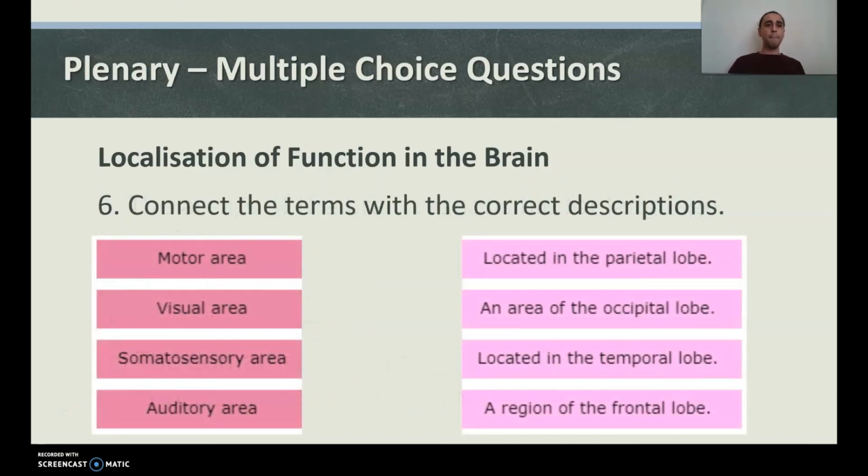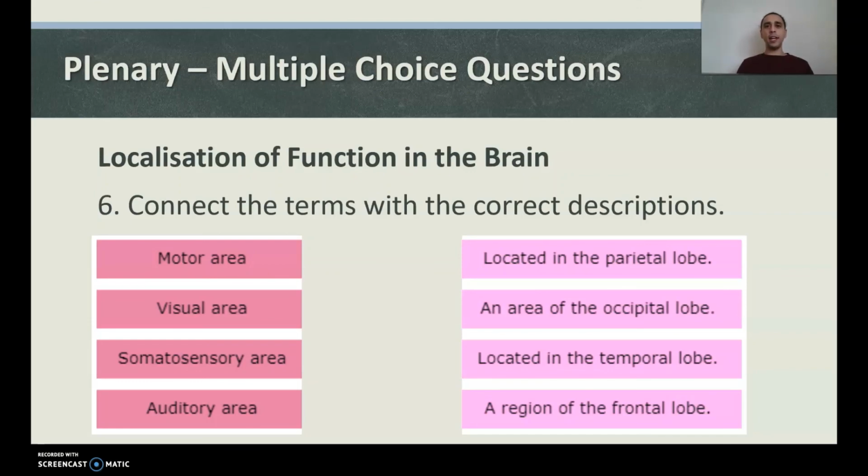And the last one, number 6, connect the terms with the correct descriptions. We've got the motor area, the visual area, the somatosensory area, and the auditory area. And the answers are located in the parietal lobe, an area of the occipital lobe, located in the temporal lobe, or a region in the frontal lobe. Okay, so where is the motor area?